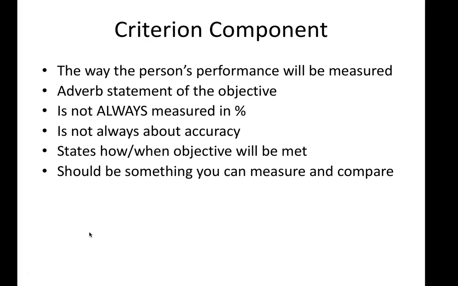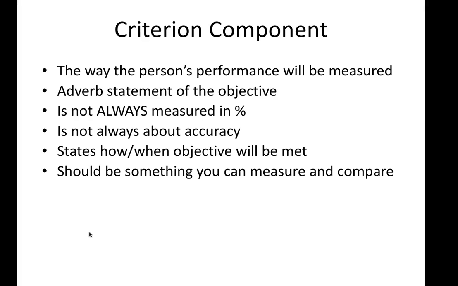So be sure, this is another area where people run into a lot of trouble. They have their objectives set for accuracy, but really what they're measuring is compliance, or that they just did the skill. And that's usually, instead of saying with 80% accuracy, it's usually said 90% of the time.